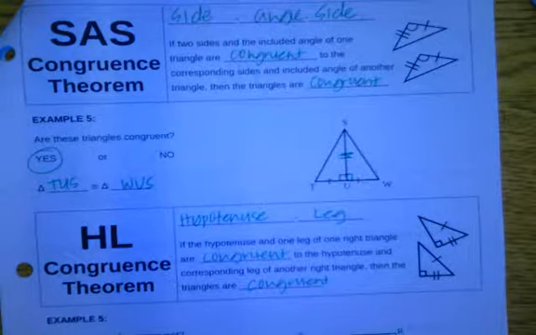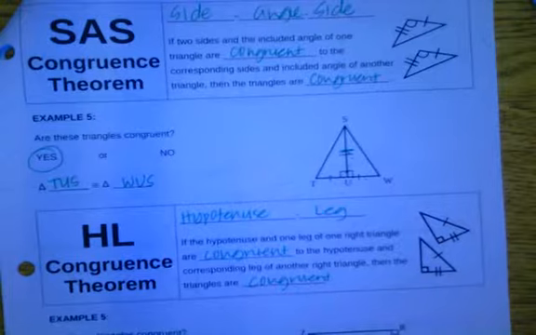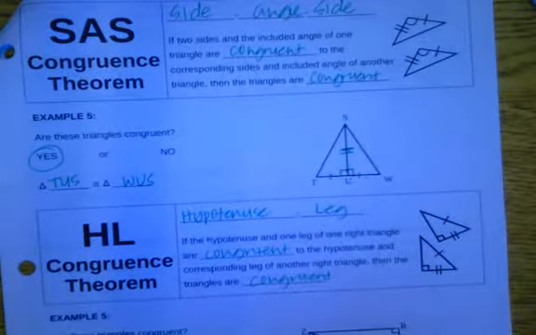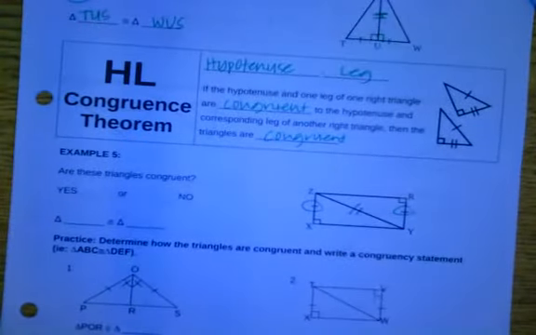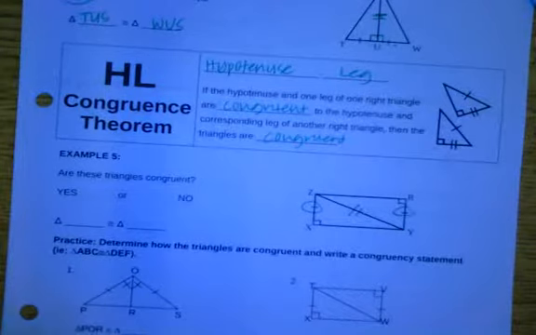Okay, example 5, are these triangles congruent? Yes, because they have the legs that are congruent, and then they also share that hypotenuse side. So that's where you get the HL. So somebody give me a congruent statement.